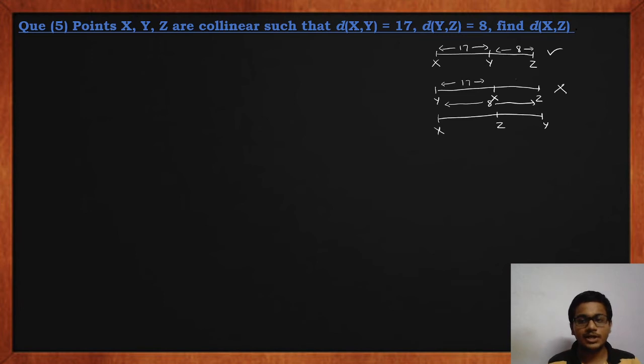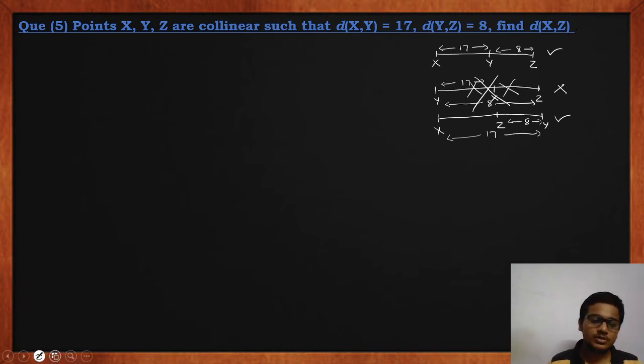So this possibility cannot happen. Now check this third possibility. Distance XY is 17 and distance YZ is 8. So this possibility can occur. So apart from this possibility, the other two can happen. So we'll solve our sum for those two possibilities only, just like the previous sum.